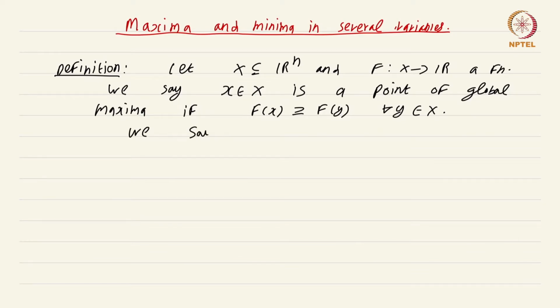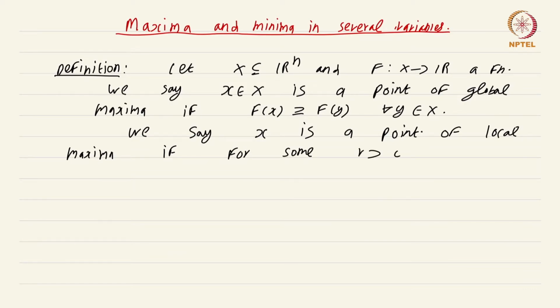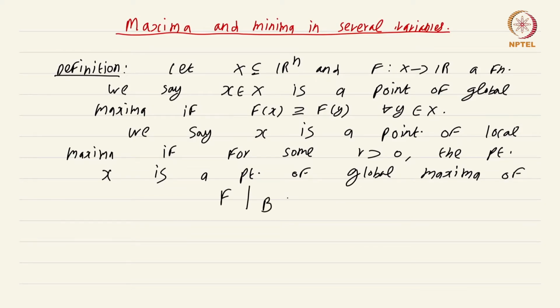We say x is a point of local maxima if for some r greater than 0, the point x is a point of global maxima of f restricted to B(x,r) intersection X. So instead of focusing on the whole of X, I just focus near the vicinity of this point x.